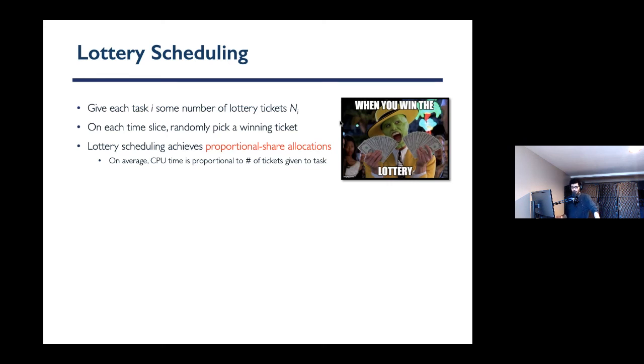Does that make sense? I have to correct myself. This has an assumption that all the tasks have the same CPU bursts, right? Because you could have twice as many tickets as others, but if your CPU burst is short, then you will be scheduled probably twice as many times as others every time you're ready.